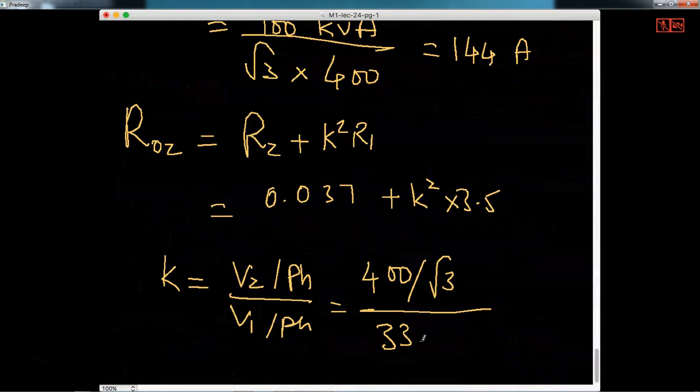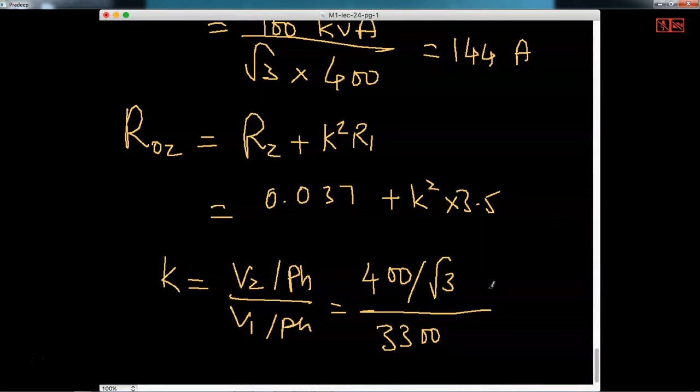How much is that? 3.3 kV. So with this, I can find K: 400 by root 3 into 33.